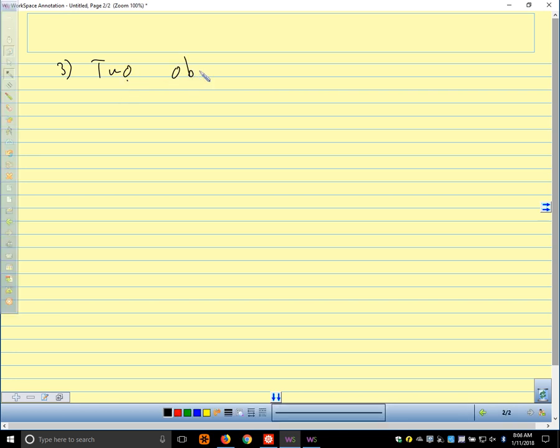Two objects traveling along these curves. r of t equals t i hat plus t squared j hat. And what is this curve?